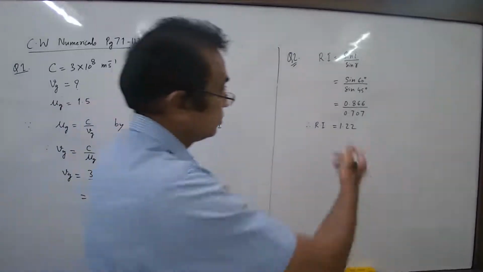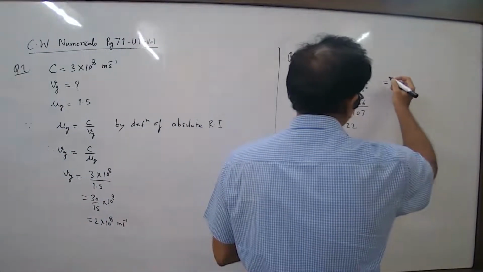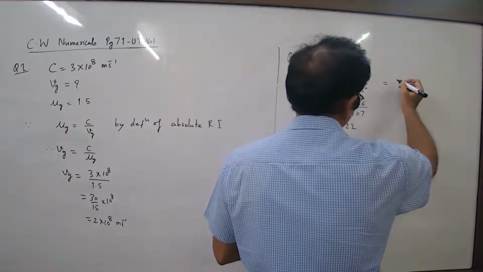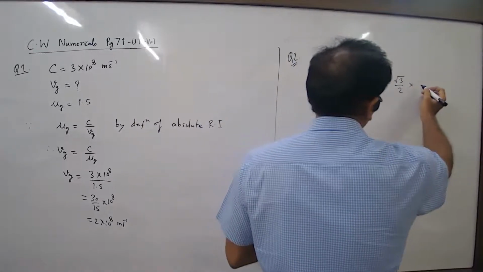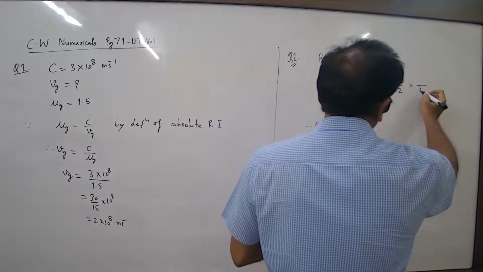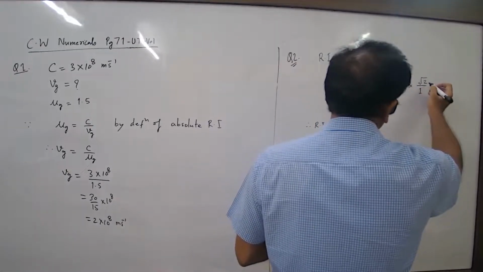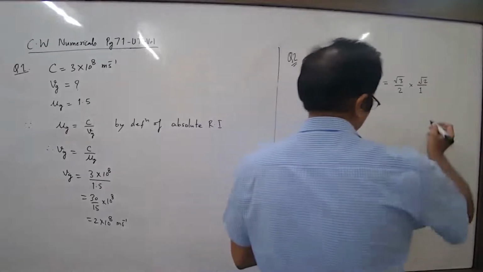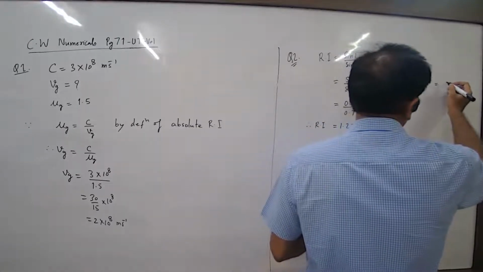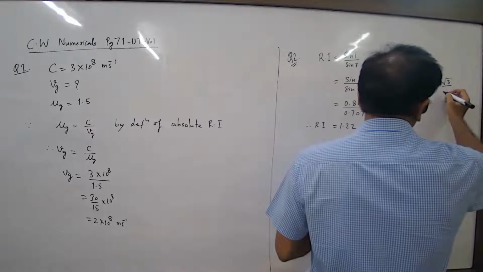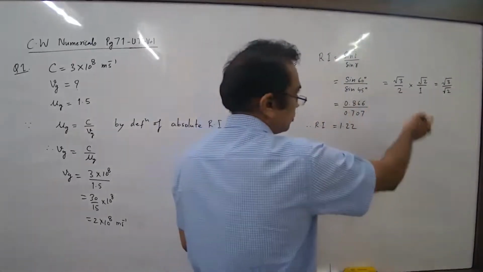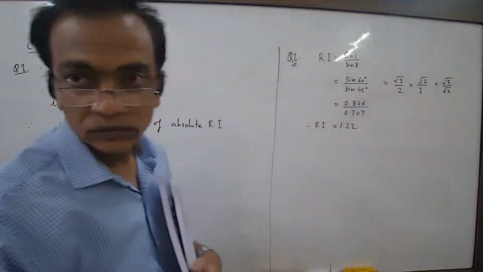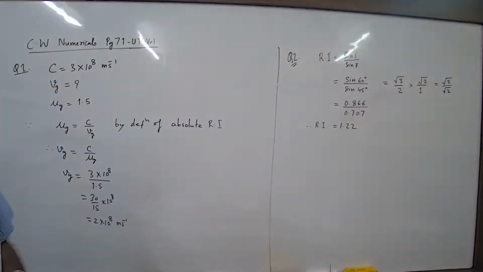You can do it with this method also. What is sine 60? Root 3 by 2. What is sine 45? 1 upon root 2. So 1 upon root 2 will go up. So this will be root 3 by root 2.